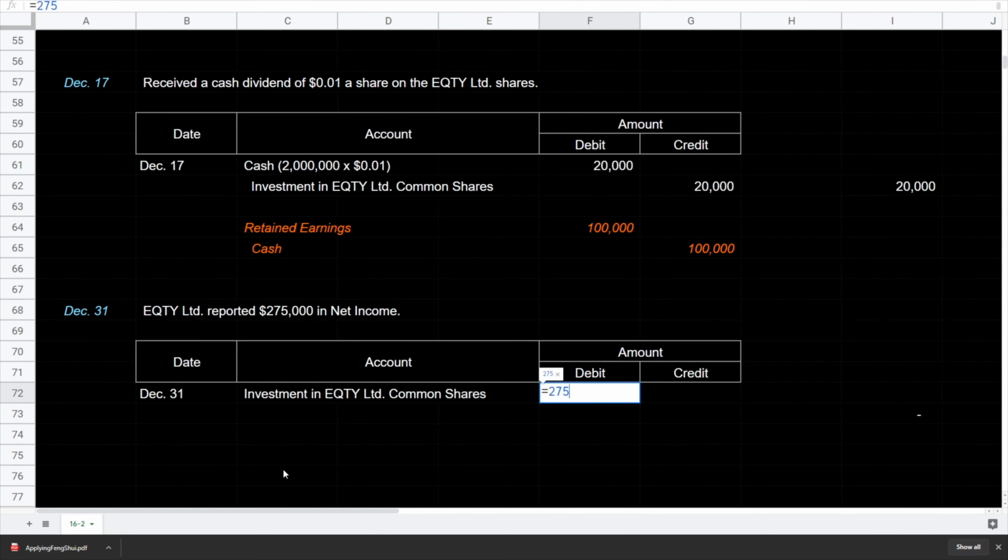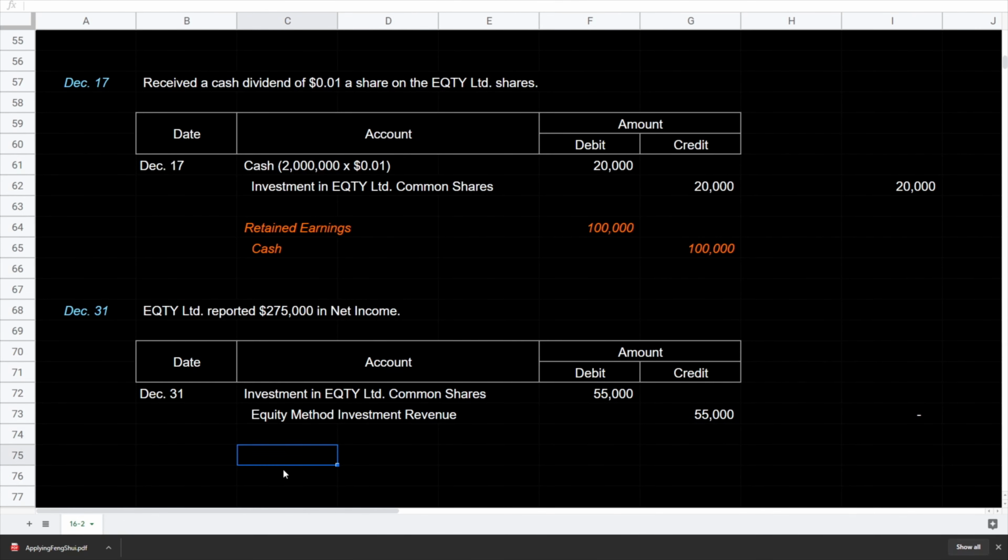Well, we'll take the $275,000 of net income inside of the investee and multiply it by our percentage of ownership, for a total of $55,000. We will credit equity method investment revenue. Or if you're using a slightly different set of accounts, you could credit investment in associate income or income from associate. The amount would be the same.